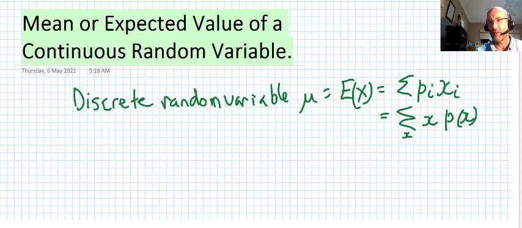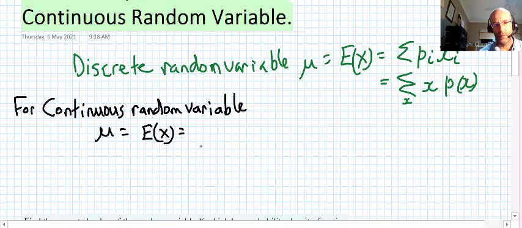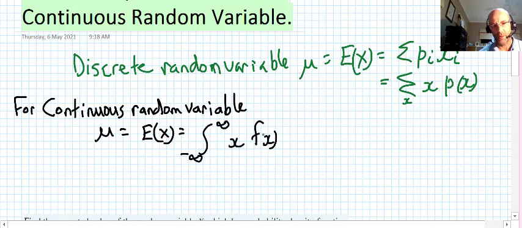So that leads us naturally, if we fuse together what we've learned about probability density functions, to an expression for the mean for a continuous random variable. So from negative infinity to infinity, x times f of x, the given function.